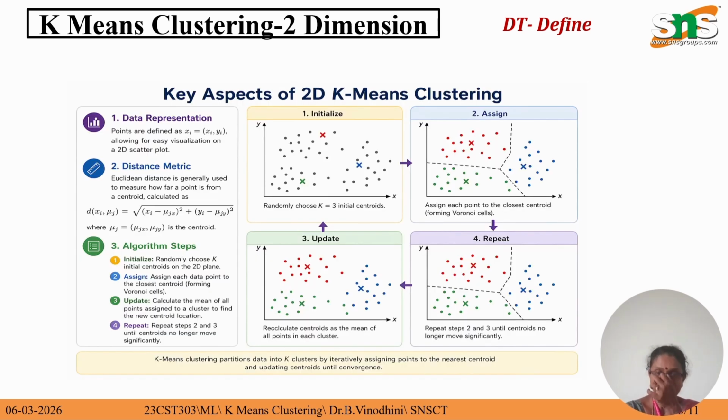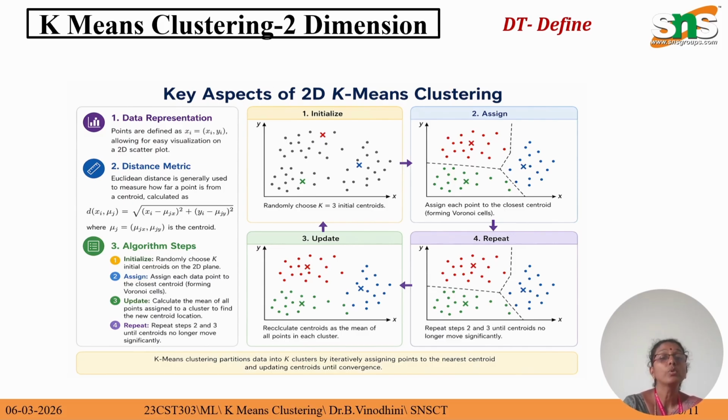Here the key aspect in 2D k-means clustering is that the data representation is in 2D format. For example, we have x1, x2 data points, x comma y regions. Next, we are going to use the Euclidean distance formula for calculating the distance between the new centroid and the data points.